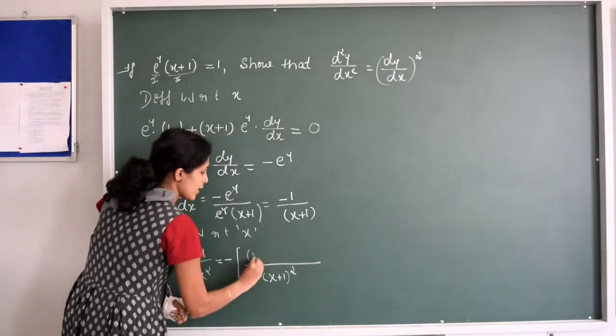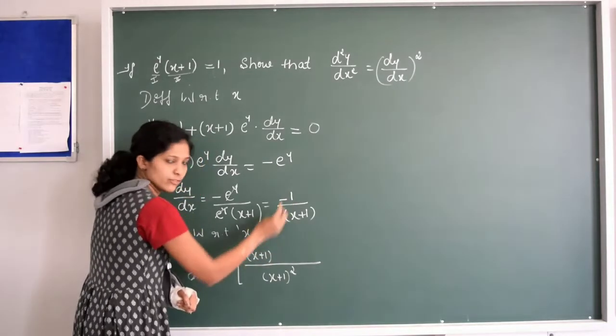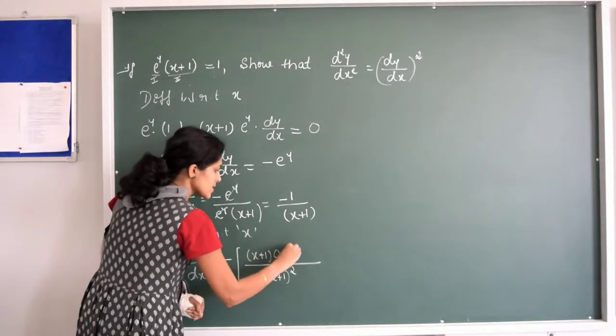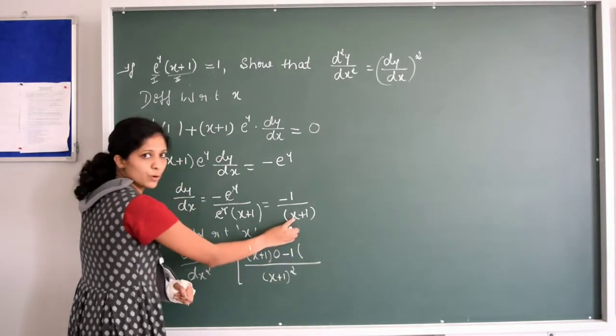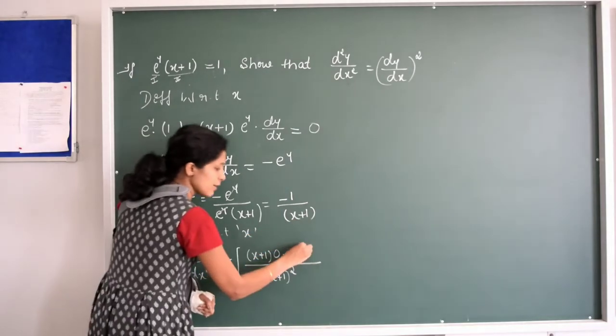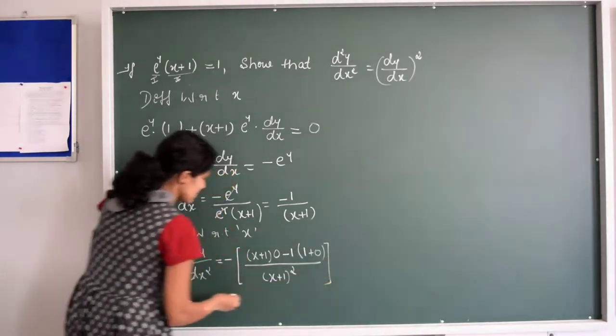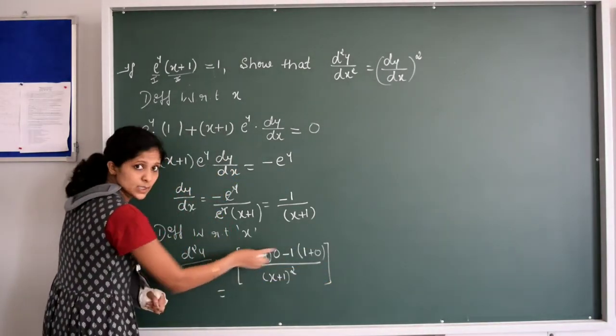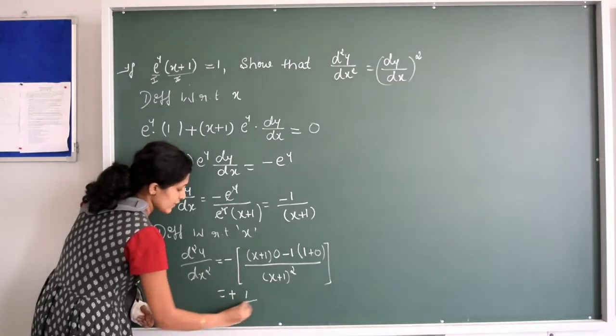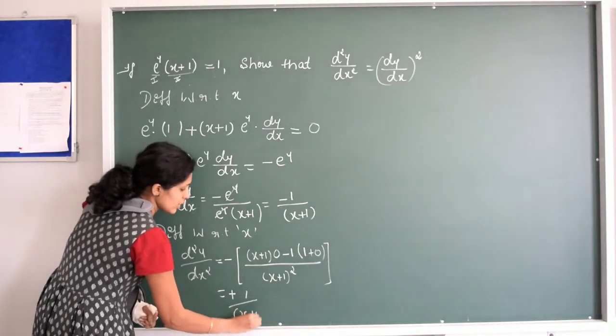And x plus 1 I have written as it is, and the derivative of 1 will be 0, minus 1 as it is, right? The derivative of x plus 1: the derivative of x will be 1 and of 1 will be 0, plus 0. Is it clear? So this will be 0, minus into minus will be plus 1 divided by x plus 1 whole square.